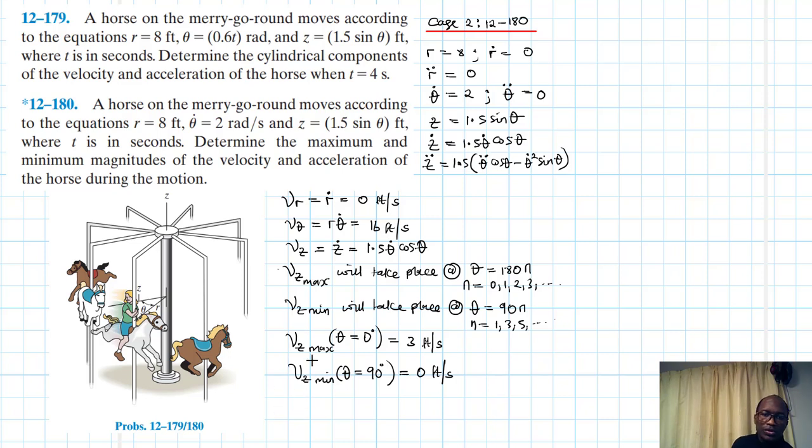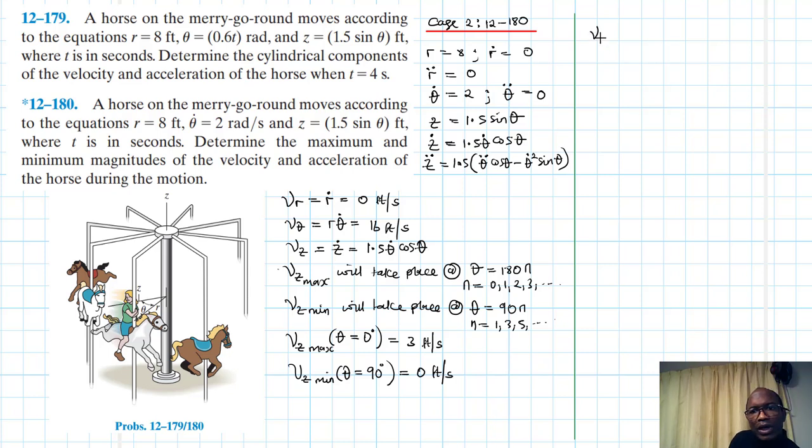So what we need to do now is to quickly calculate Vmax and V minimum using Pythagoras.